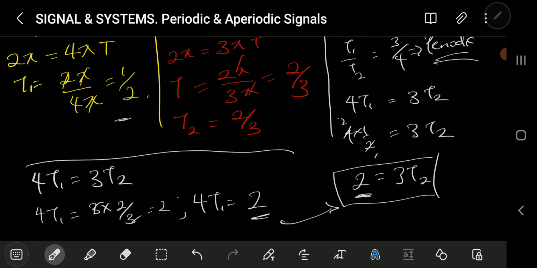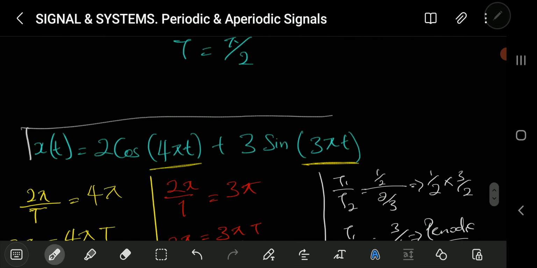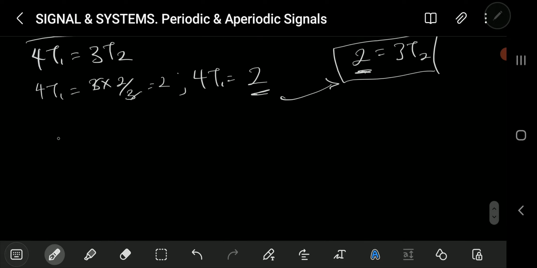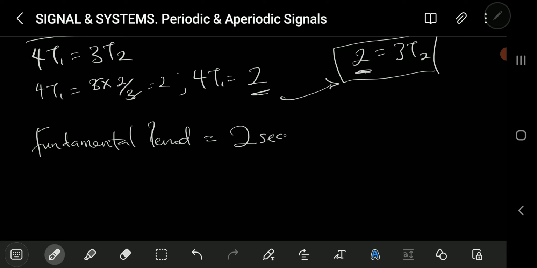So with this we can conclude that for this particular question where x of t equals 2 cos 4 pi t plus 3 sine 3 pi t, the fundamental period is 2 seconds.